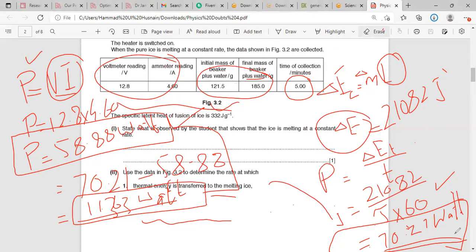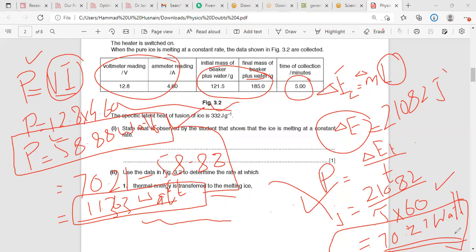So from the values of these readings, we can find out the power of the heater. So this is the thermal energy being transferred to the system by the heater, and we know that total energy being transferred to the system is this. So we will subtract this value from the total value to find how much power, or you can say energy, is being transferred to the system by the surroundings.